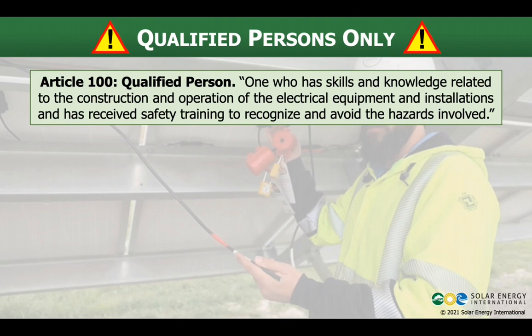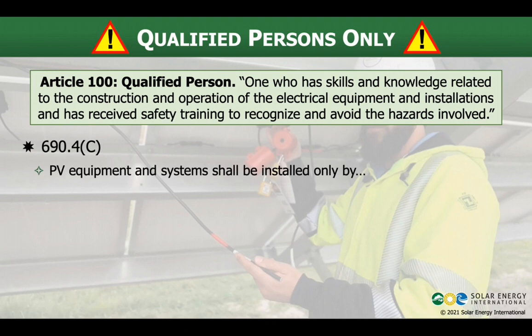But I digress. Let's talk about qualified person. One who has the skills and knowledge related to the construction and operation, safety training, avoid hazards. Okay, I think you get the idea here of what a qualified person is. You know what you're doing, you understand the process, and you know what the hazards are and how to avoid them. So there's a lot in that. That's a pretty heavy term.